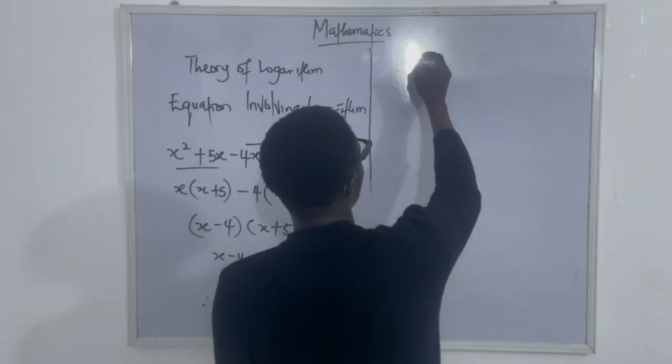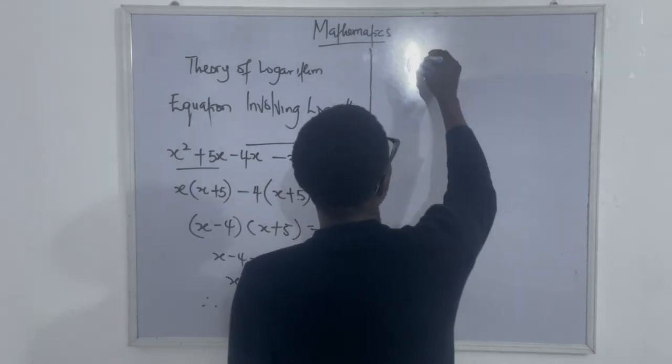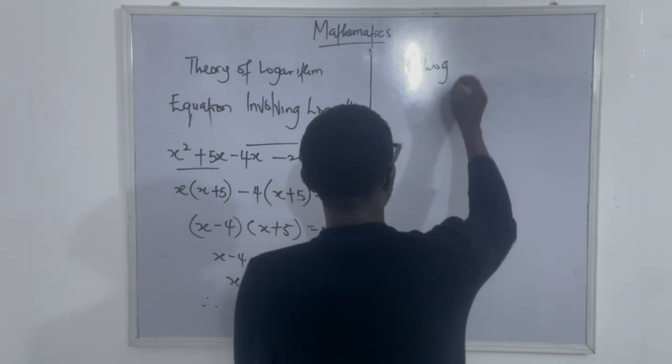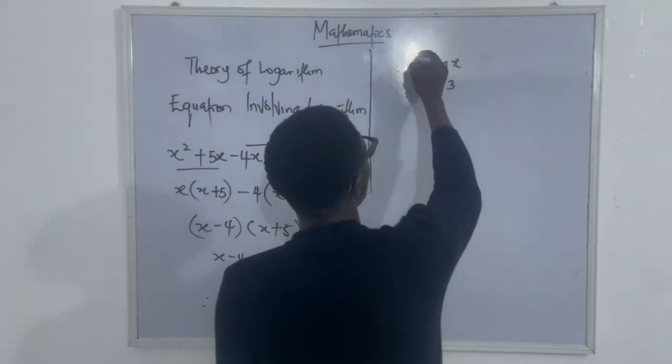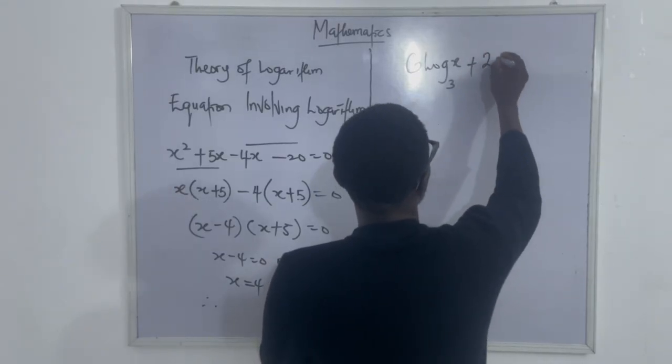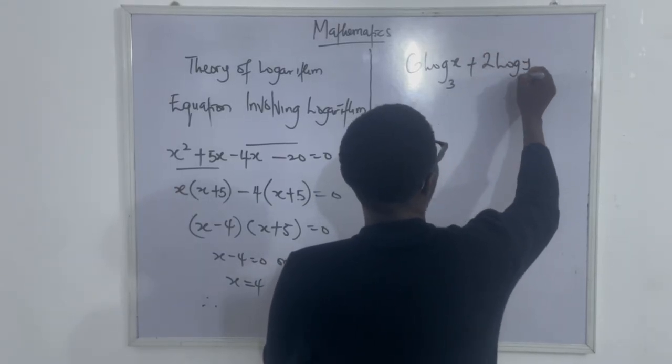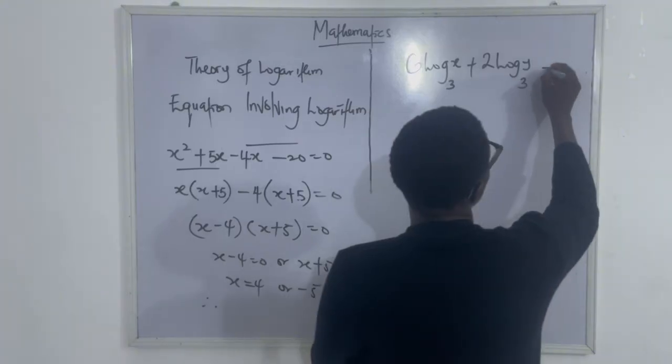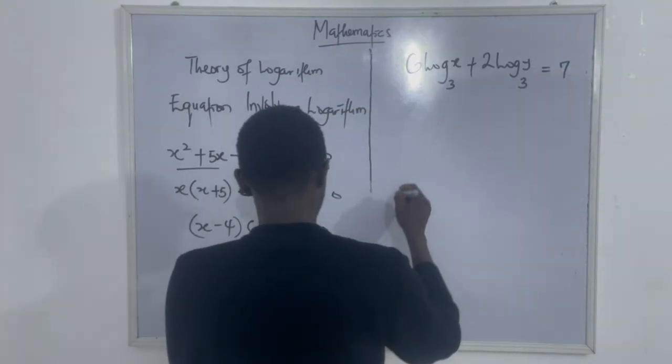Let's say 6 log x base 3 plus 2 log y base 3 equals 7.